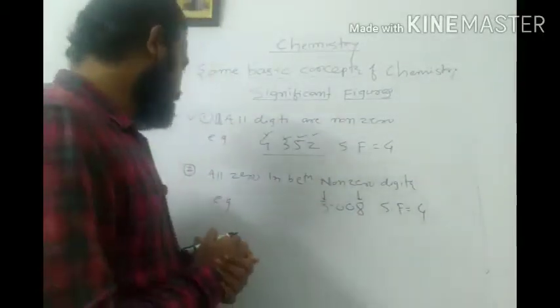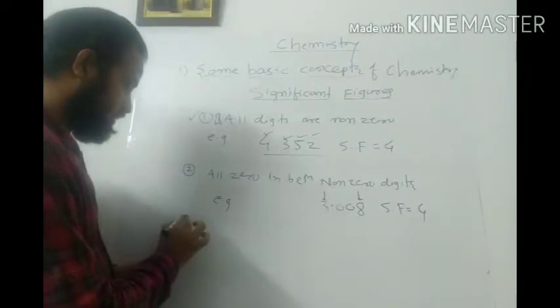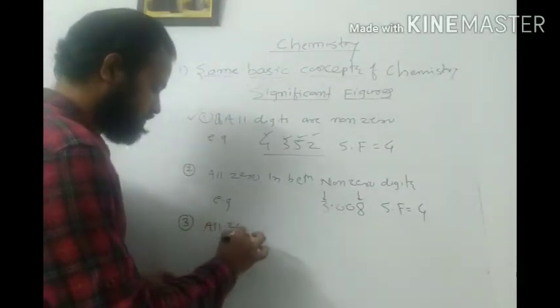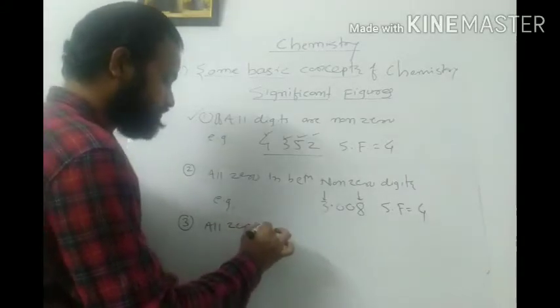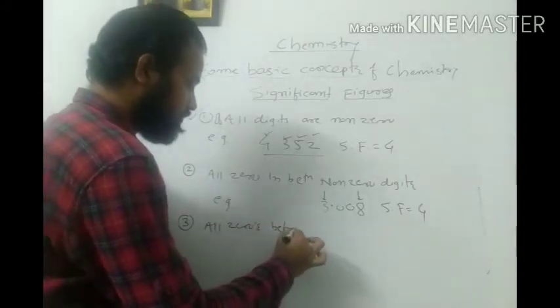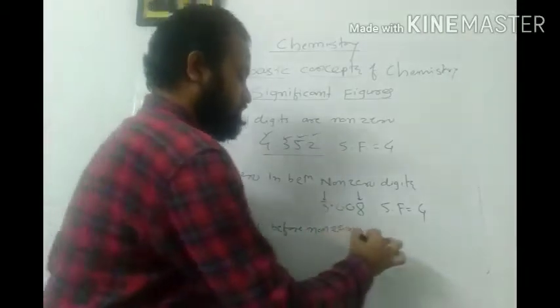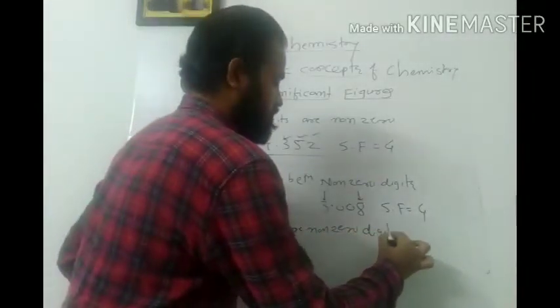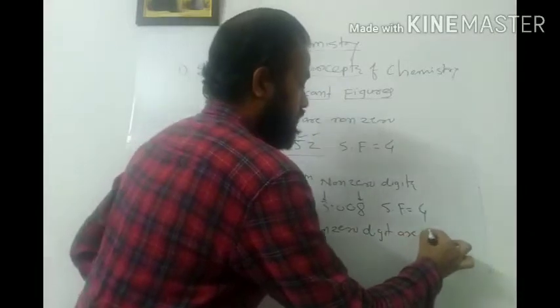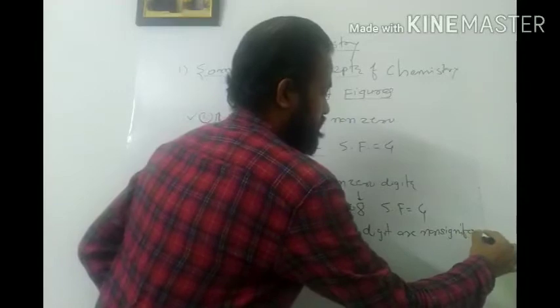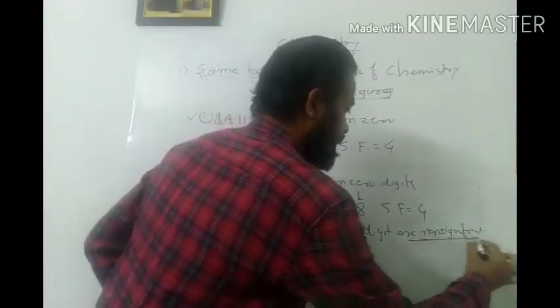Then we will discuss the third rule. All zeros before a non-zero digit are non-significant. The word non-significant is important here.